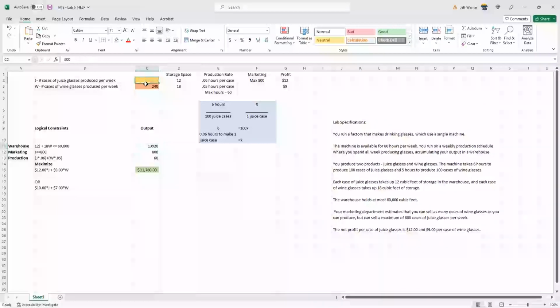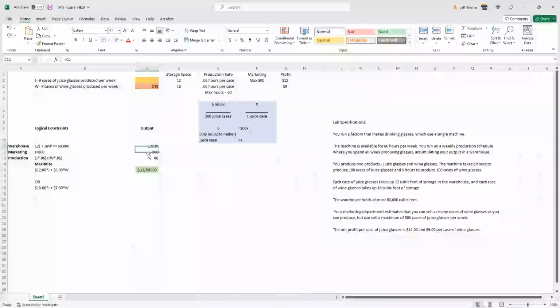So let me go over that again, just to make sure. In this constraint, I identified where Excel is going to put the optimal production of cases per week. And then I multiplied it by the numbers of storage space that were given over here from the word problem.